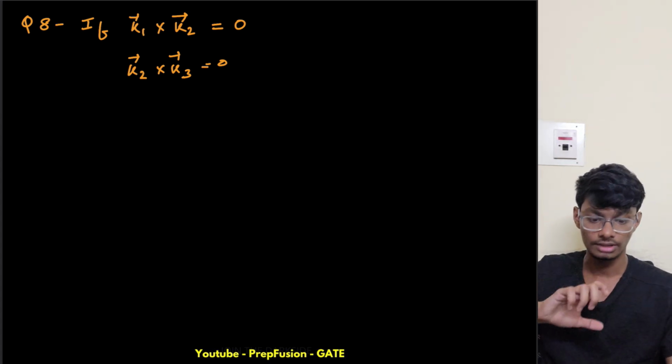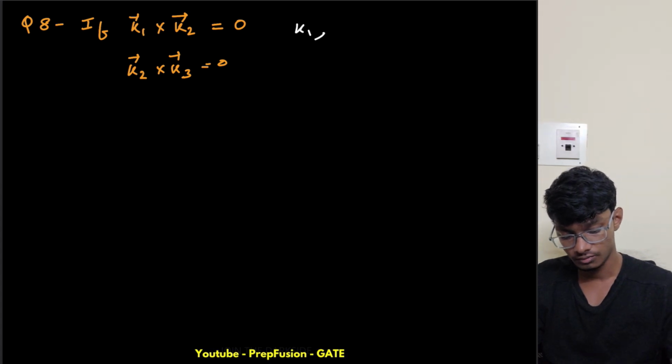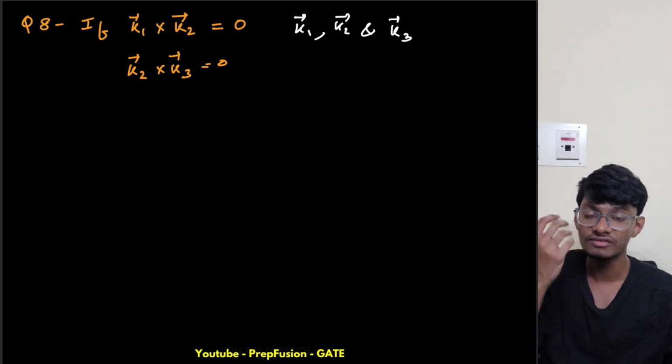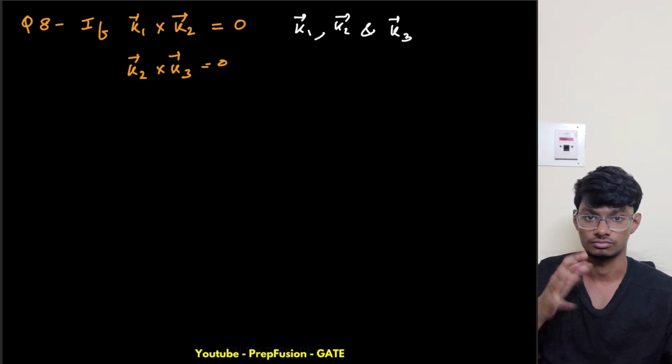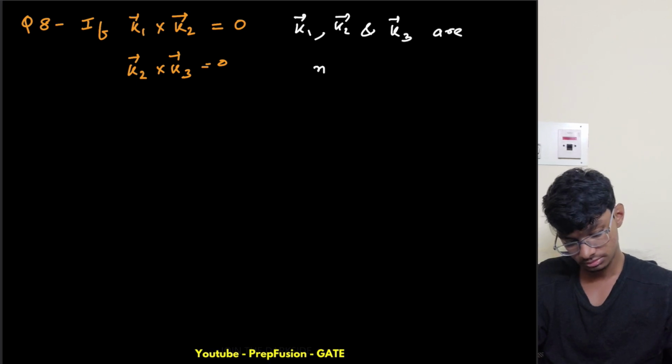Now one more piece of information is there: k1, k2, and k3 by themselves are non-zero.